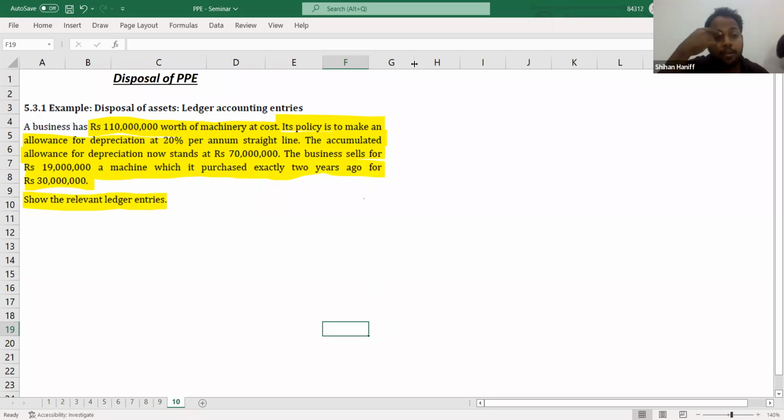Right. A business has 110 million worth of machinery at cost, 20% depreciation rate. Accumulated depreciation was 70 million, and they are selling a machine for 19 million, which cost 30 million, after 2 years. Okay, so what we need is the ledger accounts.